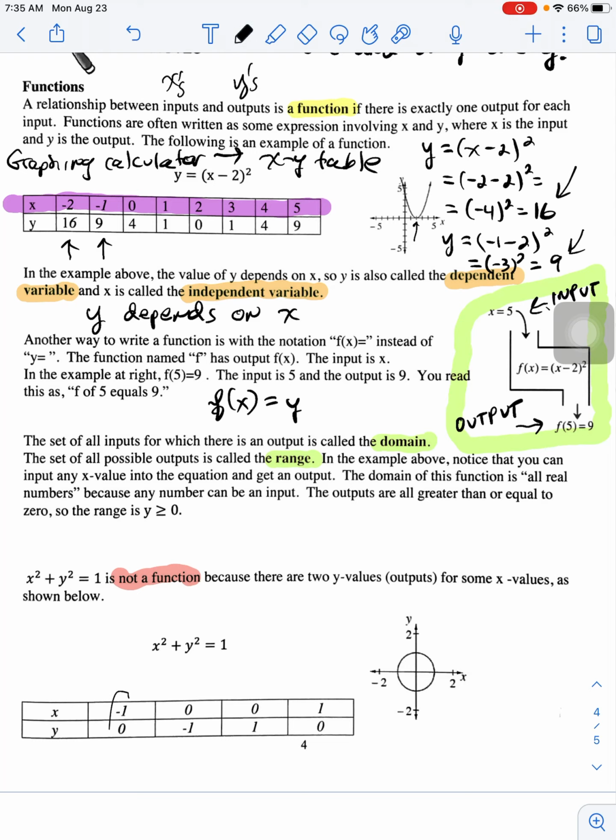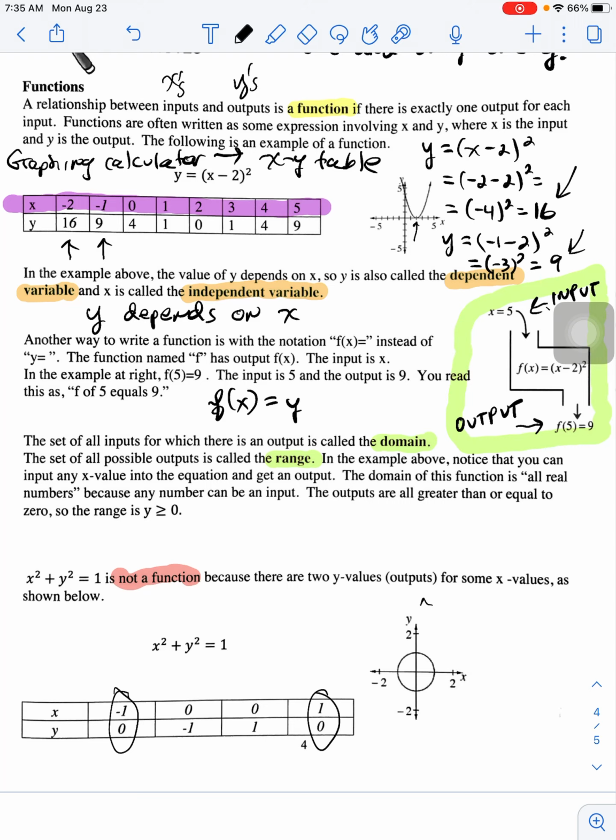If you look at the table, you have a situation where x of -1 is 0 and x of 1 is 0. And if you think back to the very beginning, for every x there can only be one y, while here there are two y's for one x.